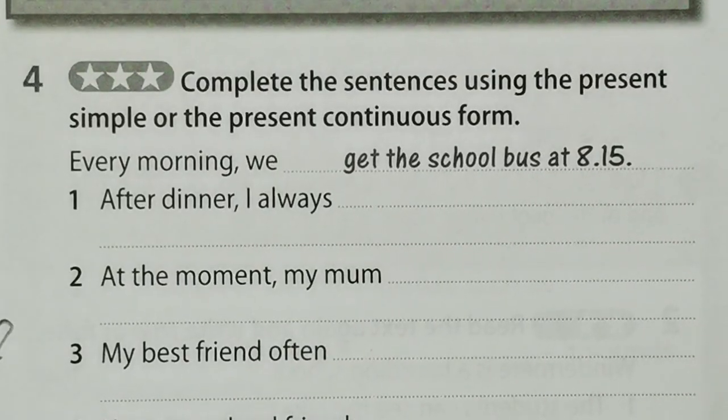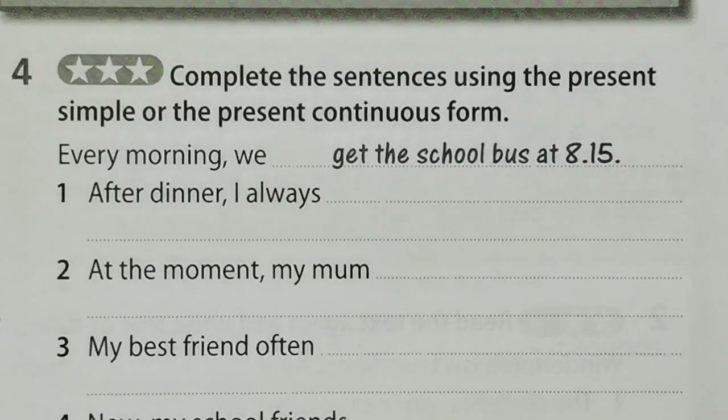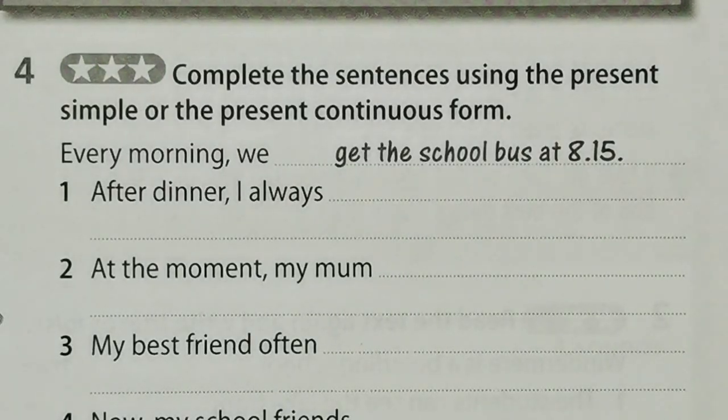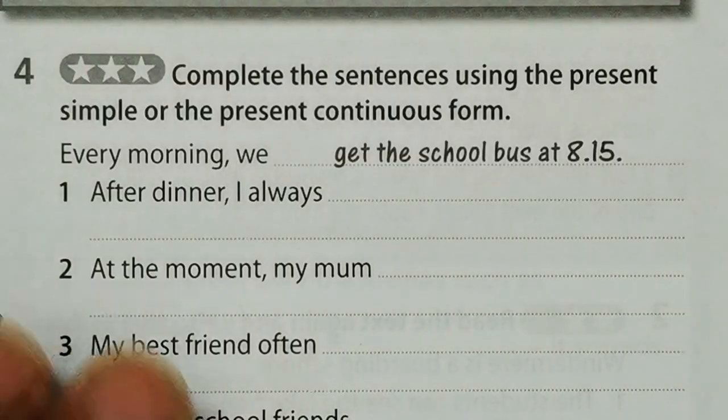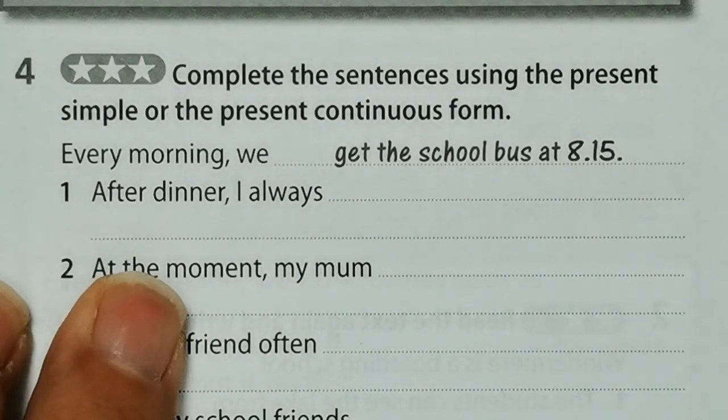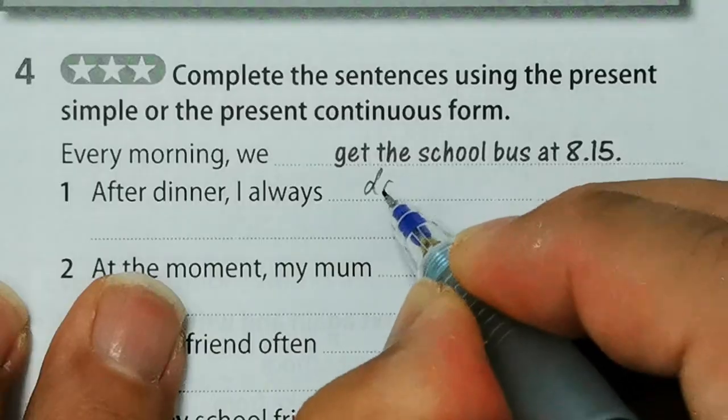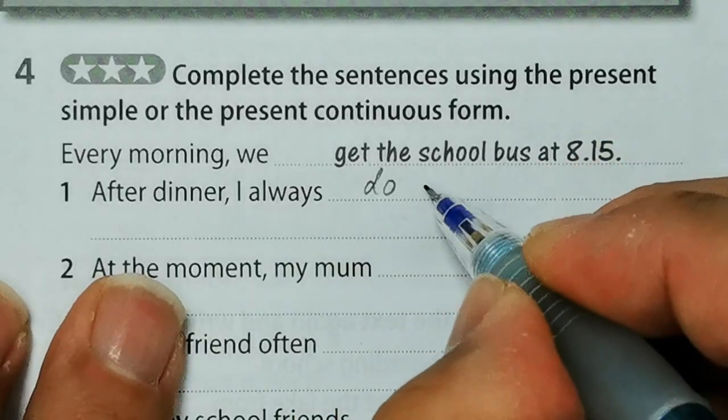So we have the instructions given. So complete the sentences using the present simple or the present continuous form. So every morning we have an example here. So every morning we get the school bus at 8:15. So this is example of this present simple. So number 1, after dinner I always, so you can say, do my homework.